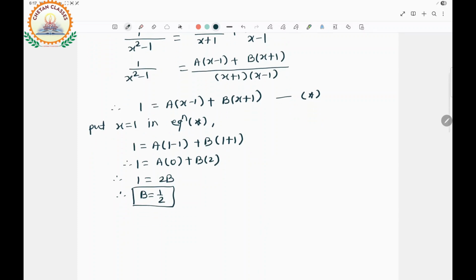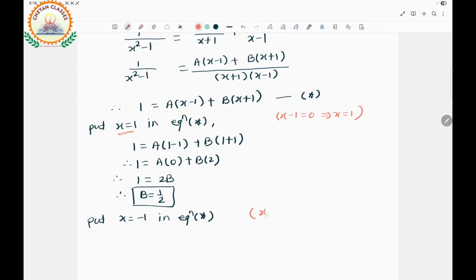Now, put x is equal to minus 1 in equation star. Here, note how we find the value of x is equal to 1 or x is equal to minus 1. So, one trick is there. Our factor is x plus 1 or x minus 1. So, here x minus 1 equate with 0. So, we get x is equal to 1. So, put x is equal to 1 over here.